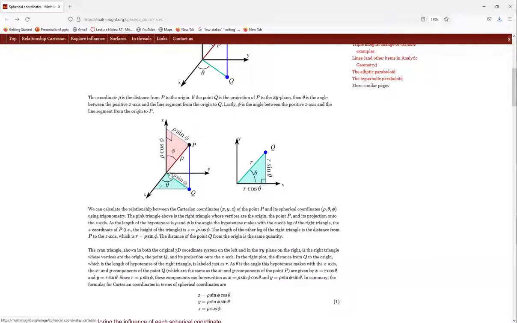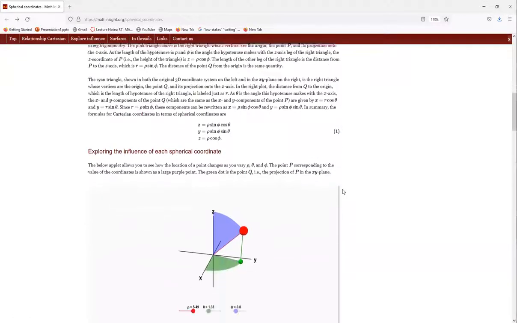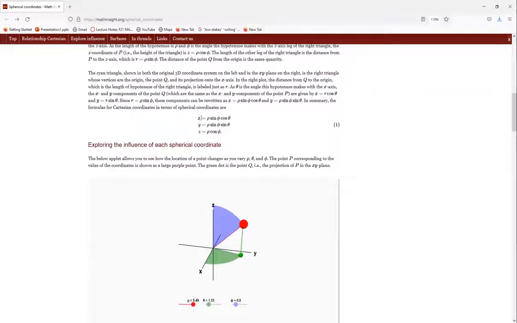Remember that in the XY plane, you have r using phi and rho. We can convert that into rho sine phi and the rest of the conversion. x is rho sine phi cosine theta, y is rho sine phi sine theta, and z is rho cosine phi. This angle is called phi.